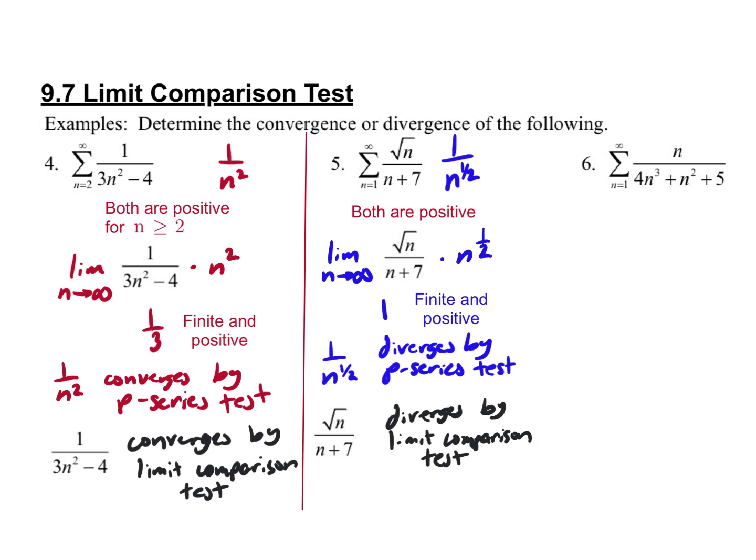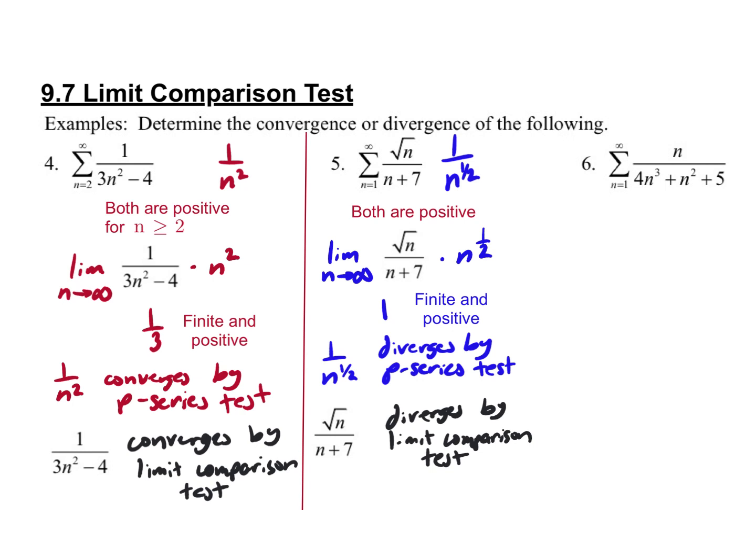You try the last one yourself. I know you're working on it, but what are you using to compare with? What's your comparison? 1 over n squared, absolutely. Ignore all the other terms. Just worry about the leading coefficient and the highest order term.